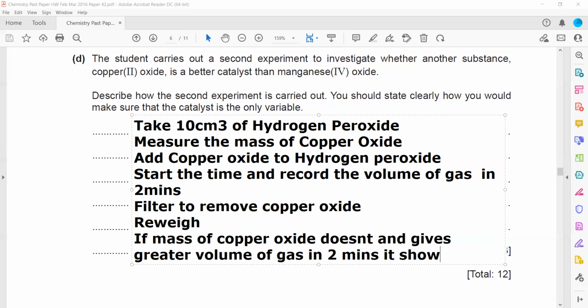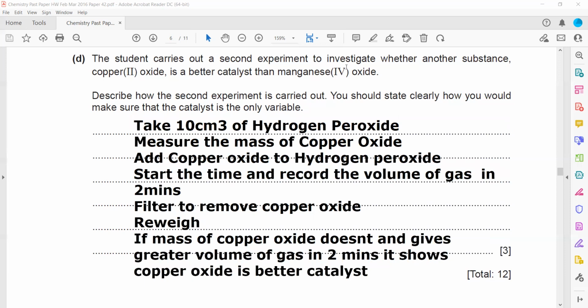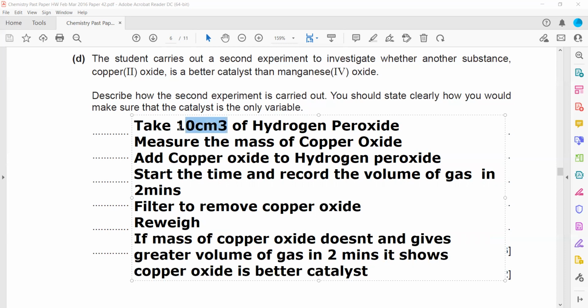So what we did, we take equal volume of hydrogen peroxide, here you can mention 10 cm cube, measure the mass of copper oxide, then add copper oxide to hydrogen peroxide, start the timer and record the volume of gas in 2 minutes.